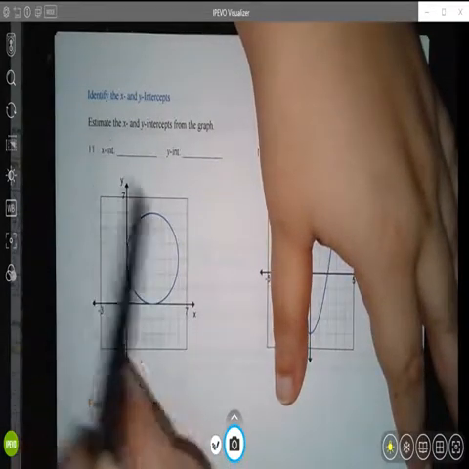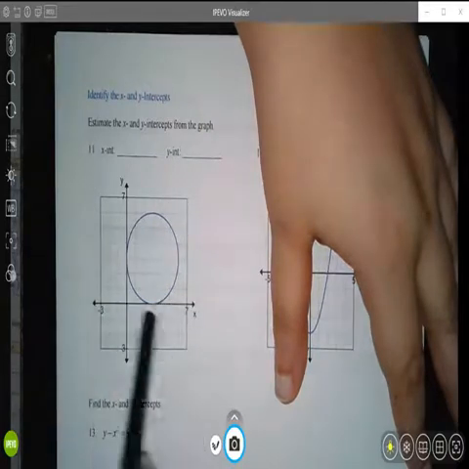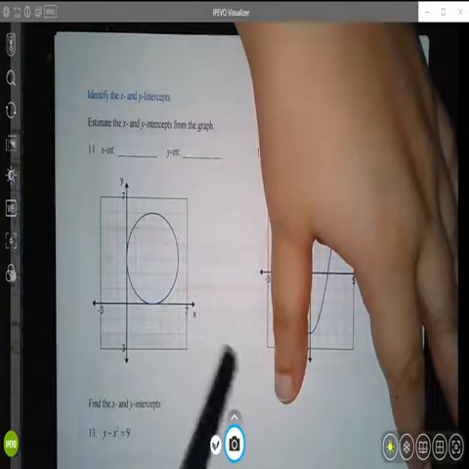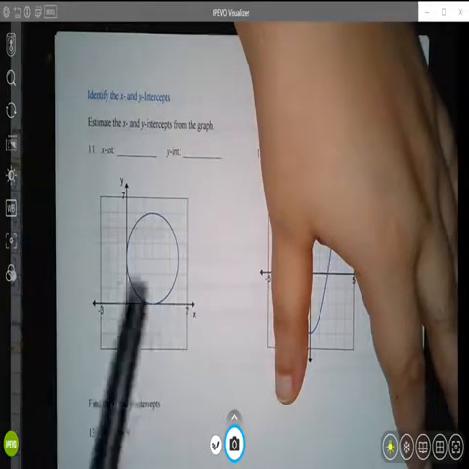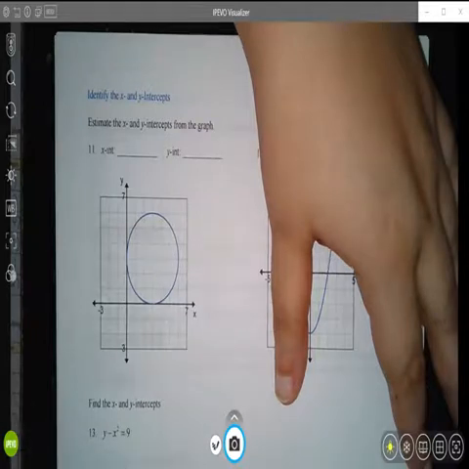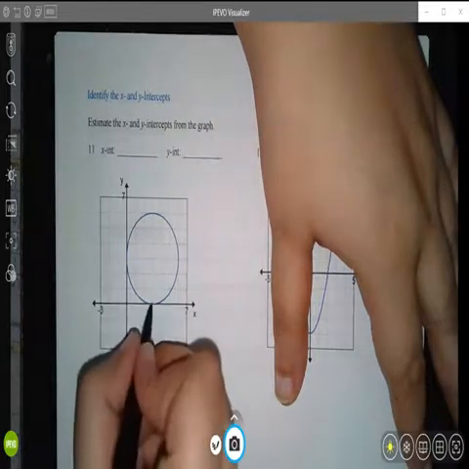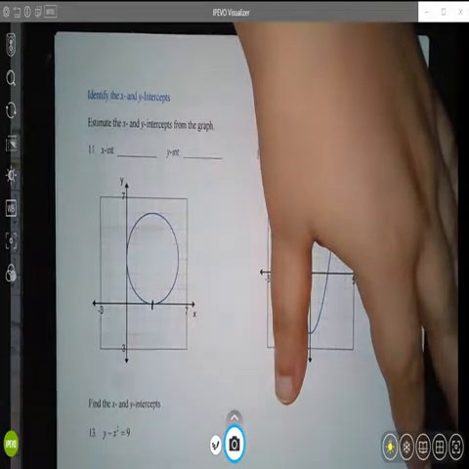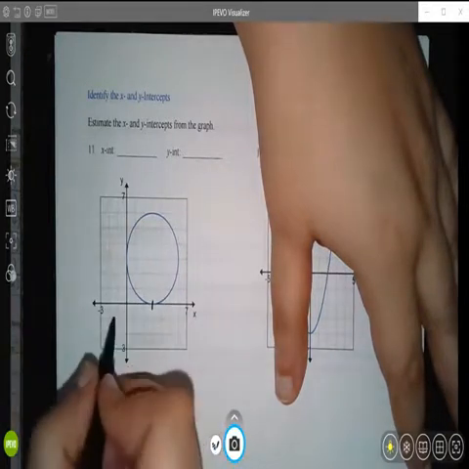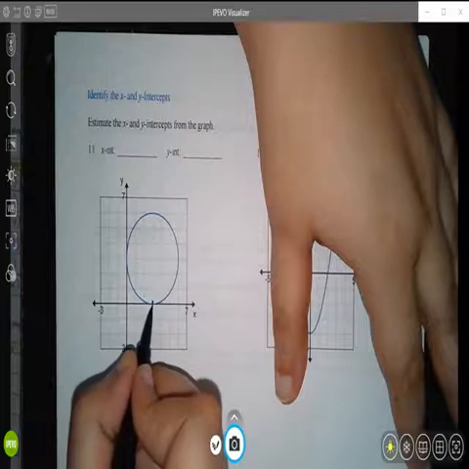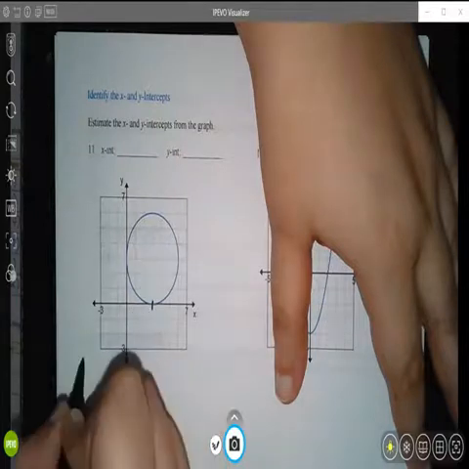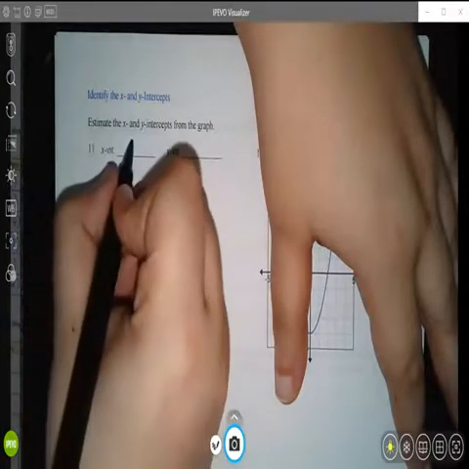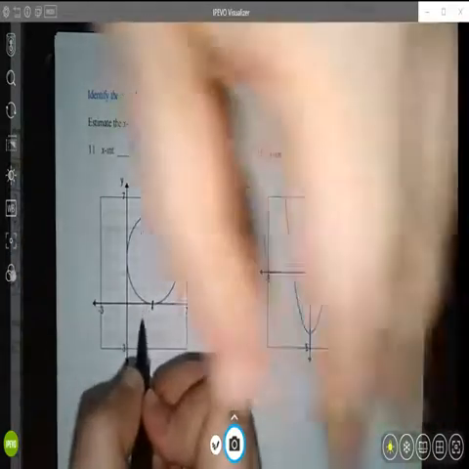So to find the x-intercept, you have to look along the x-axis. Where does the circle touch the x-axis? Right here. Yeah? Which is what? The point of 1, 2, 3. Okay. So the answer is 3.